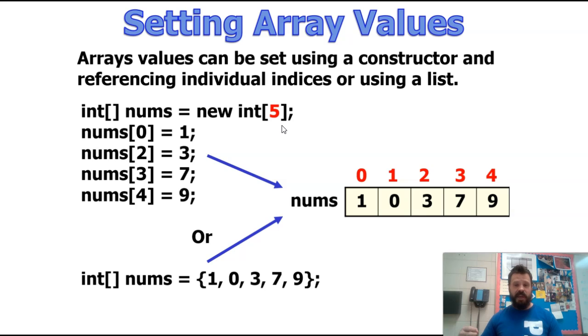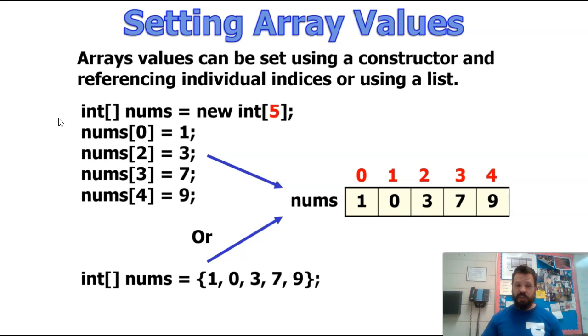That would create an array with five zeros in it to store five values. We could then set those values individually, or a quicker way to go would be to say int[] nums gets this list of numbers, the list I want between curly braces, and that would in one step create the array and also fill it with the values.